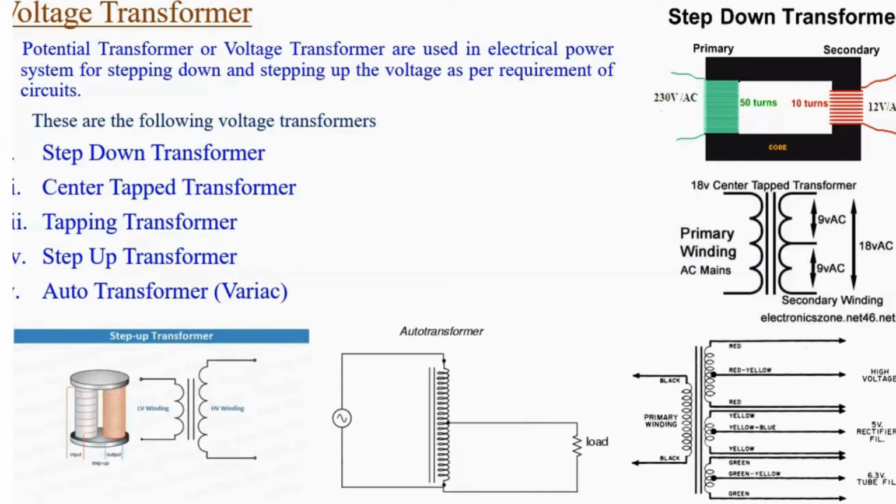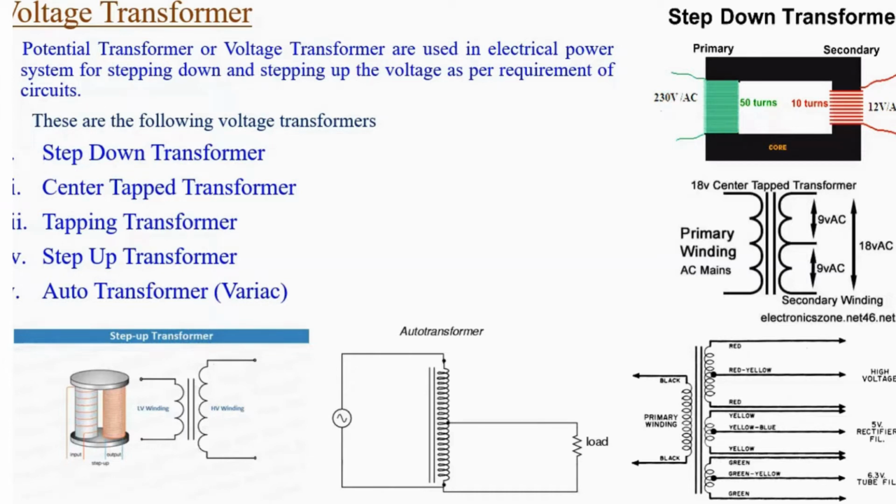Now we have the center tap transformer, another type of transformer. In center tap, the primary has only two connections, because we will give only 230 volts, phase and neutral, on the primary side, but the secondary will have three connections, with one exactly at the half. So the center will be 0, from there 9 volts, and the other one 9 volts.